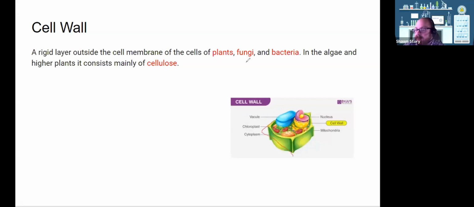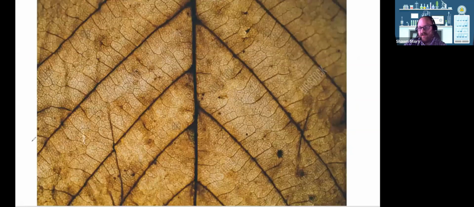Talking about plants, fungi, and bacteria, animal cells do not have this cell wall. That's one of the main things that are different about the two. Here I'm looking at a leaf. We can actually see those individual cells, and we can see those dark lines, which are the cell walls, giving it that structure.